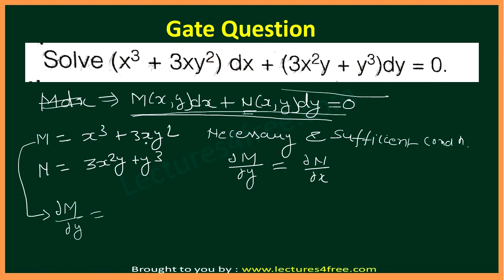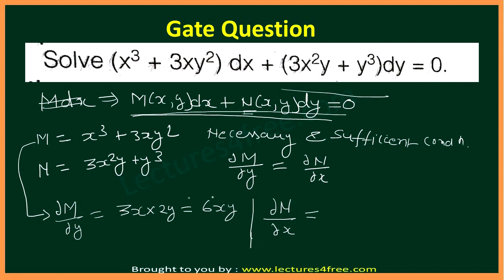The second term is 3xy². 3x is like a constant, and the differentiation of y² is 2y, so you can write here 6xy. Now differentiate N with respect to x, keeping y constant.